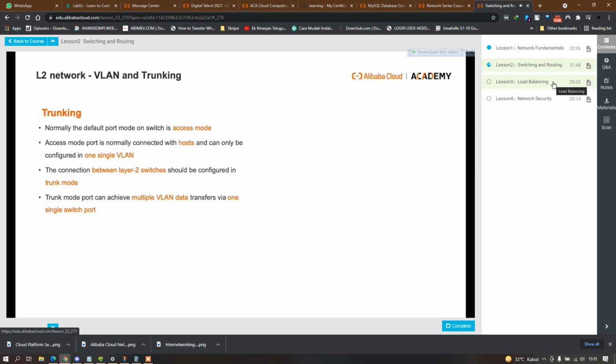But if we use trunk, we can transfer multiple VLANs' data via one single switch port, which means we can use just one port to transfer all the data in all the VLANs. This is very useful to simplify the physical network architecture.